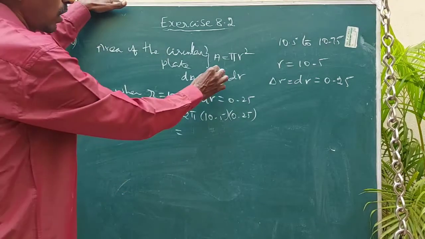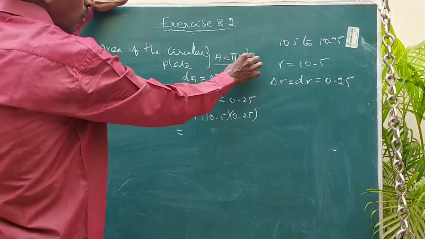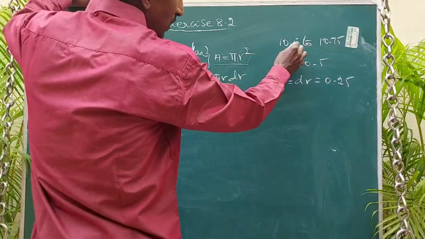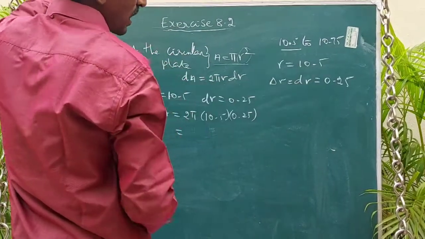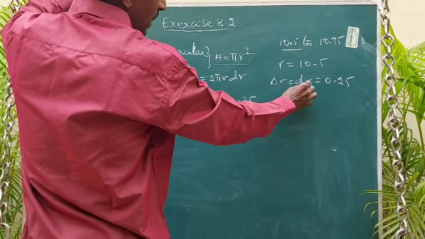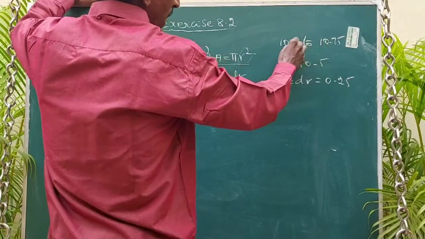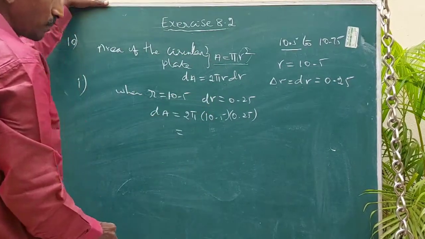A equals pi r squared, dA equals 2 pi r into dr. Here the radius increases from 10.5 to 10.75, so r is 10.5 and dr is 10.75 minus 10.5, which is 0.25.